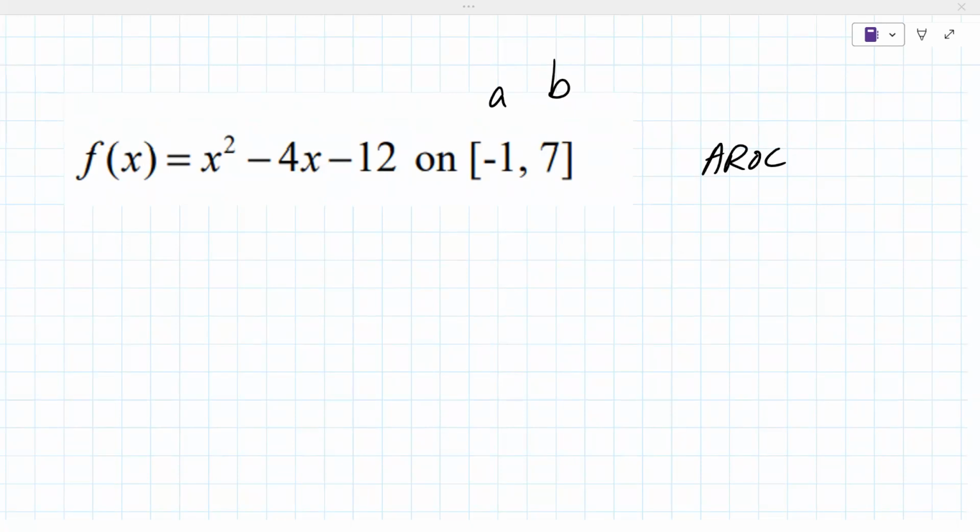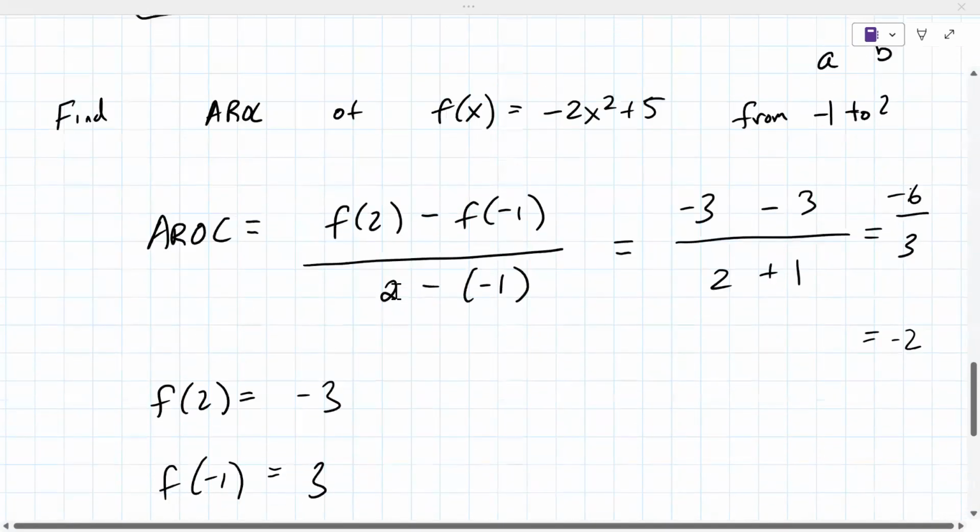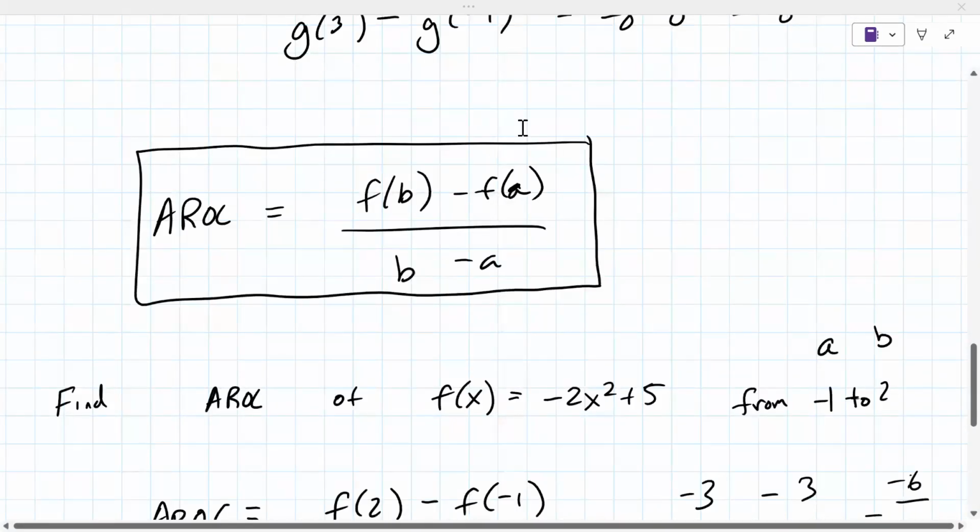But try to see if you can get through most of this without my assistance. I'm just thinking it would be f of -1 minus f of 7, right? Did you write this down? Yes, I did. Okay, so the B comes before the A in the formula.